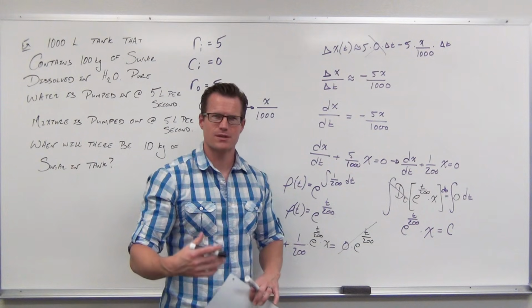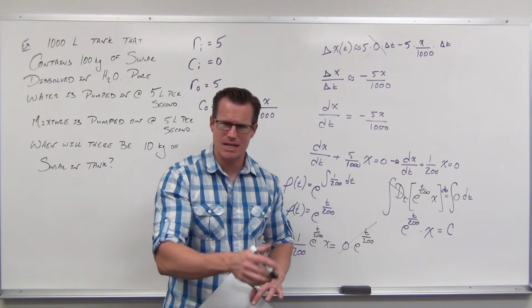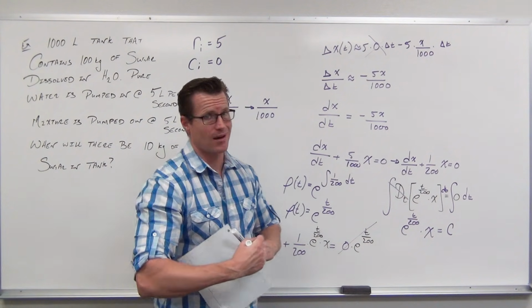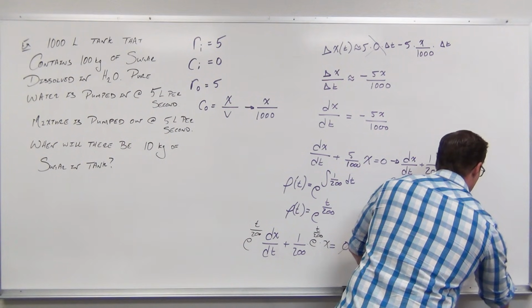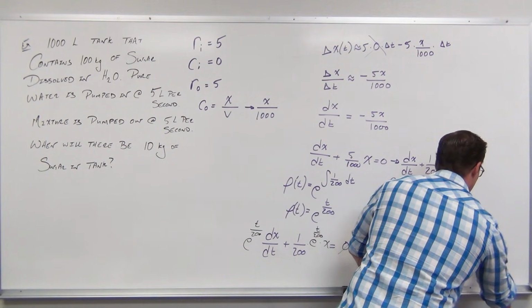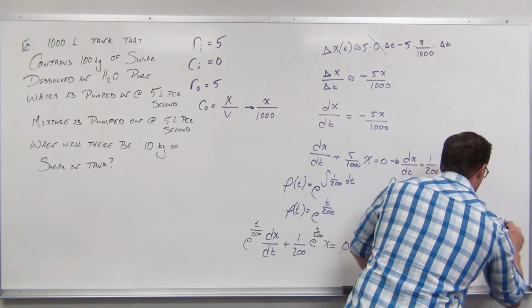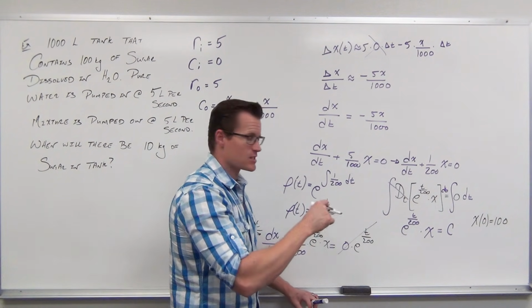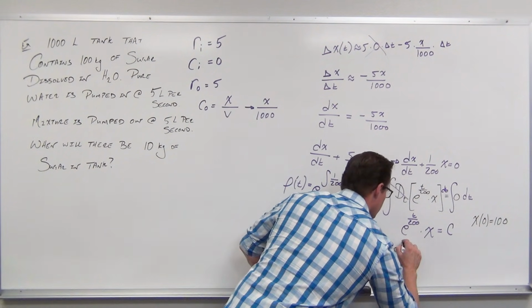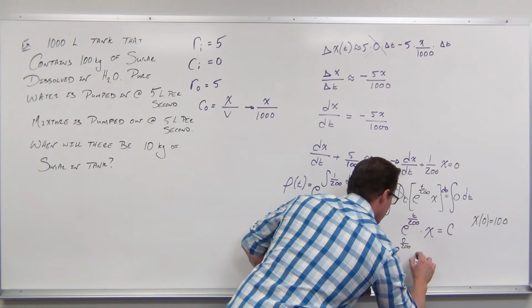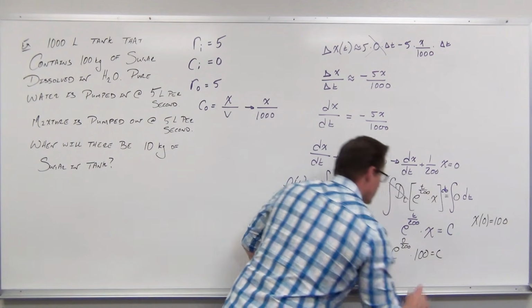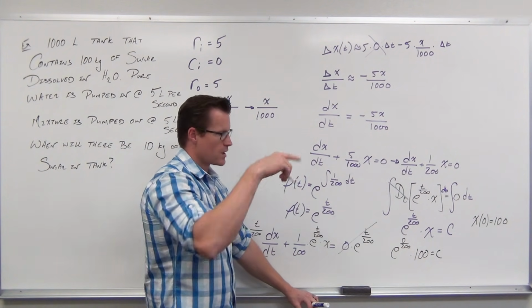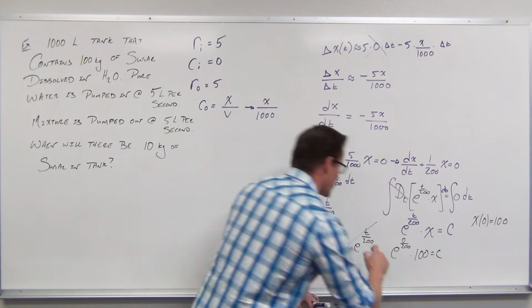We're trying to find a formula that tells us how much sugar is in that tank at any given time. At time 0, we had 100 kilograms. So if we plug in t equals 0, x has to be 100. E to the 0 is 1, 1 times 100 is 100, c equals 100.